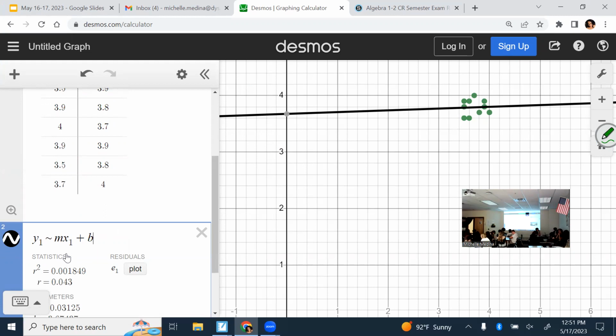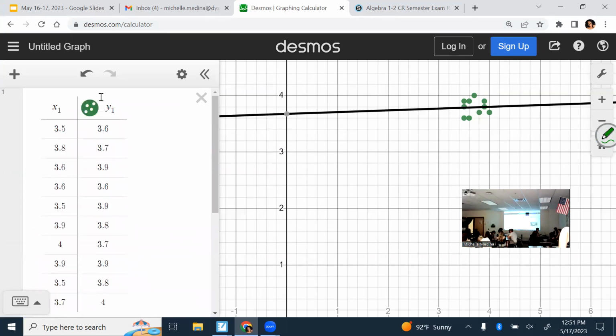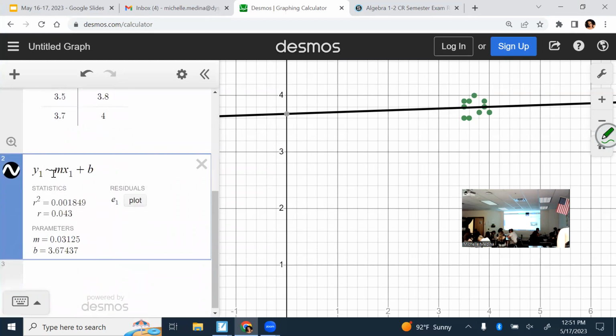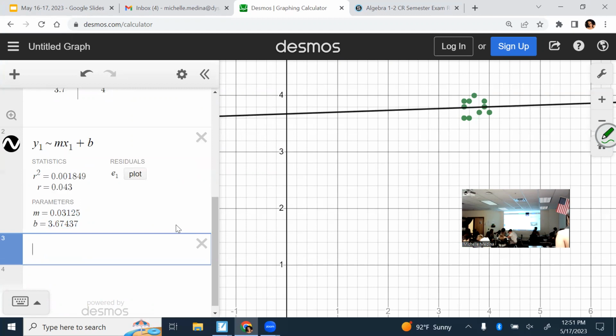But to make this read it, you have to do the x1, y1 so that it attaches to this table that we made. And then I don't know why you need the squiggly, but that's how you make it do the thing. So it's in the middle of my data and it estimates this for my m and this for my b. So then which answer option on the paper best matches that?